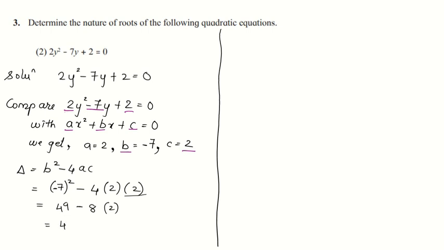So 49 minus 4 into 8 is 32... so here 49 minus 16 is 33. So here the value of delta is 33, which is greater than 0.